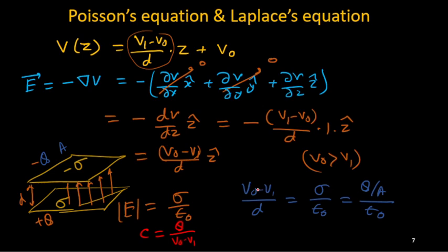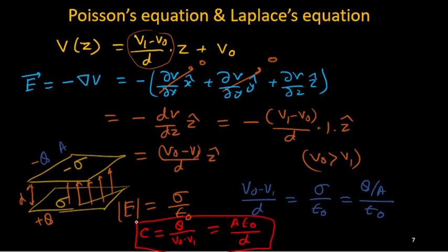So Q upon V0 minus V1, you can easily write that as A into epsilon naught upon D. This is the expression for a parallel plate capacitor. A is the area of the plates, epsilon naught is the media constant, and D is the separation gap between the two. I hope you have got this idea. This is the capacitance for this one.